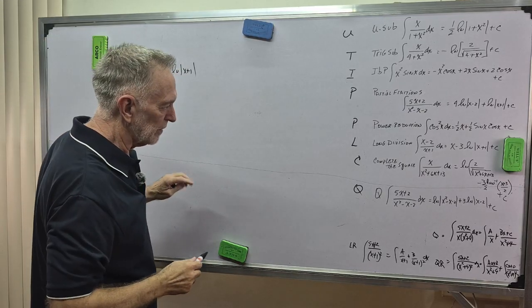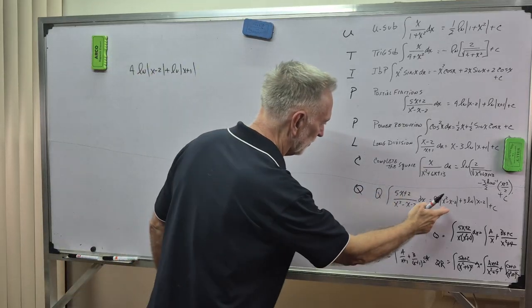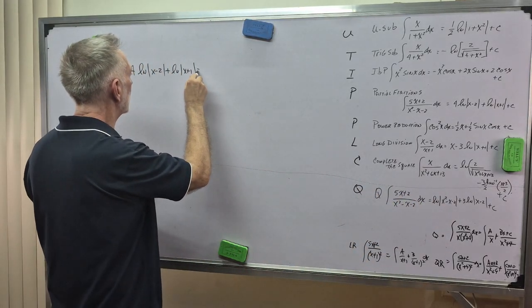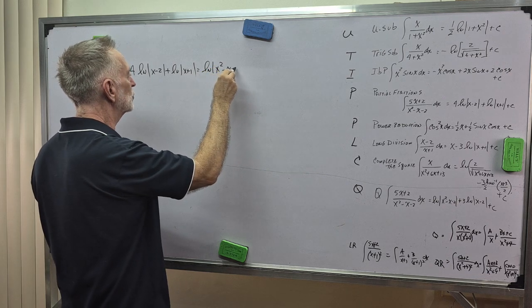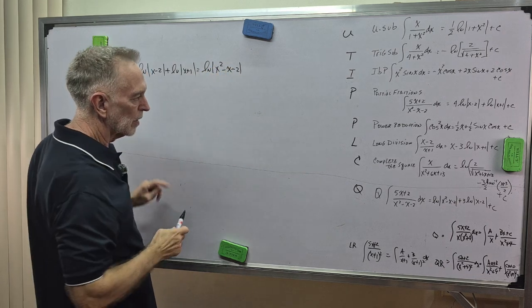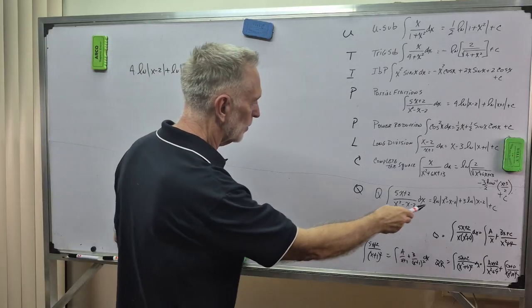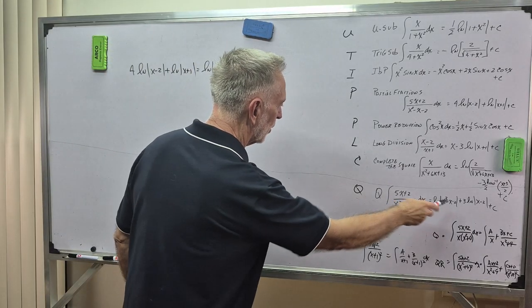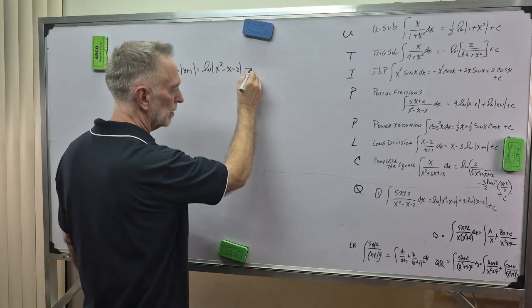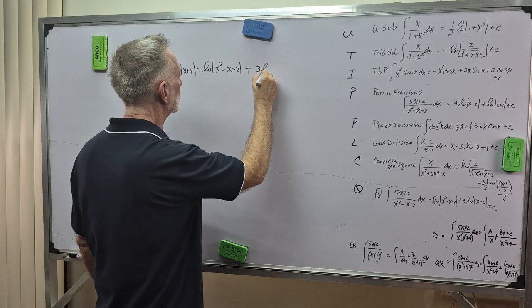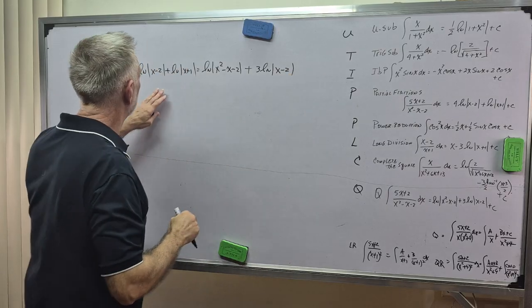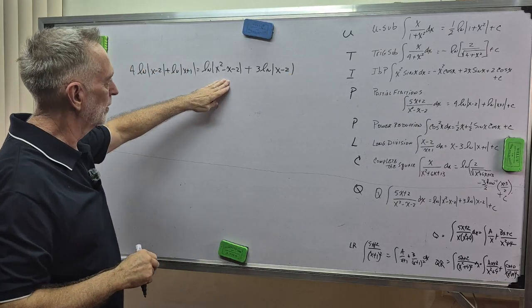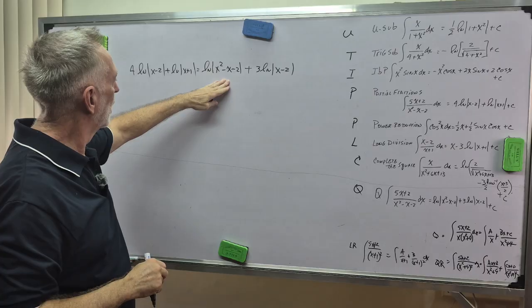Okay, we're saying that equals natural log of x squared minus x minus 2 plus 3 natural log x minus 2. I have everything right here.